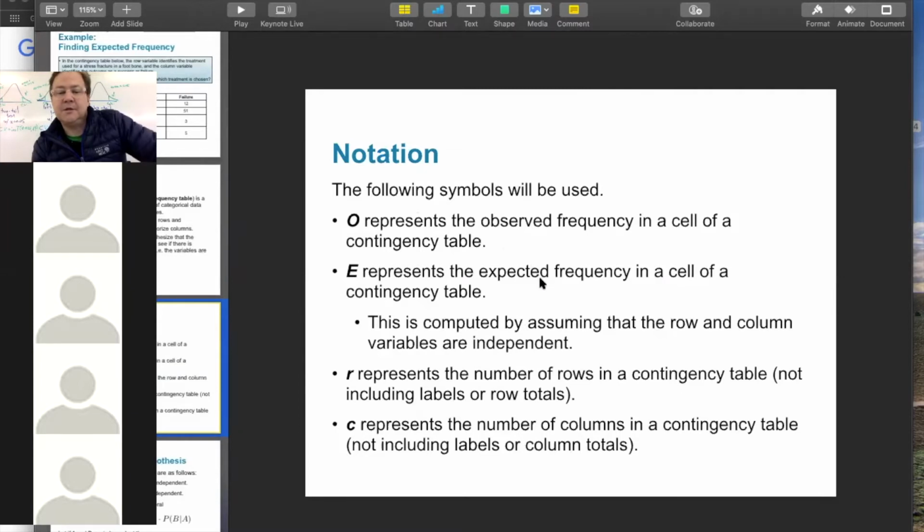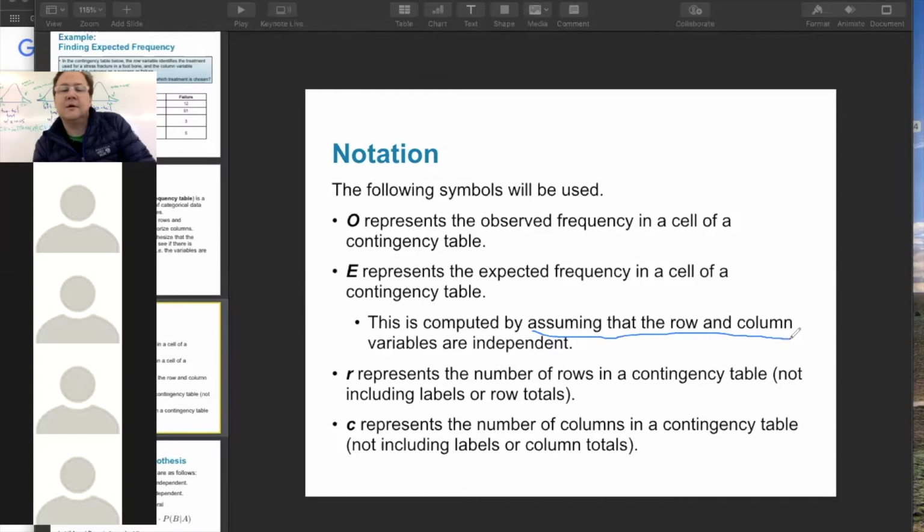This is going to be computed assuming that the row and column variables are independent.